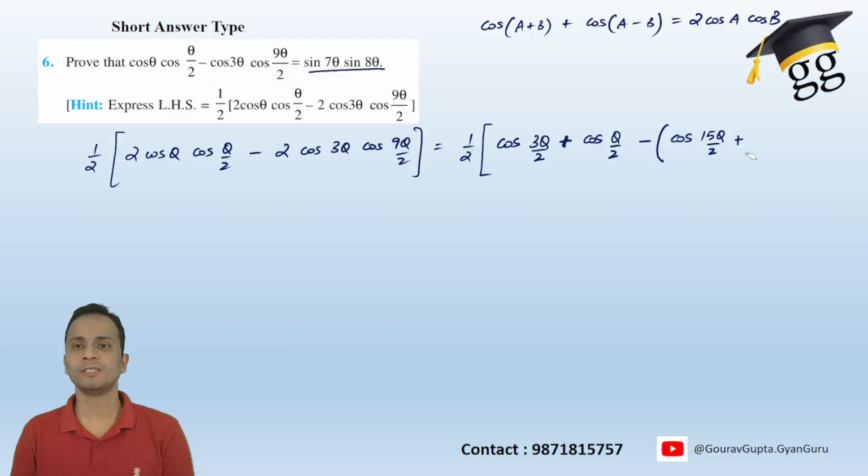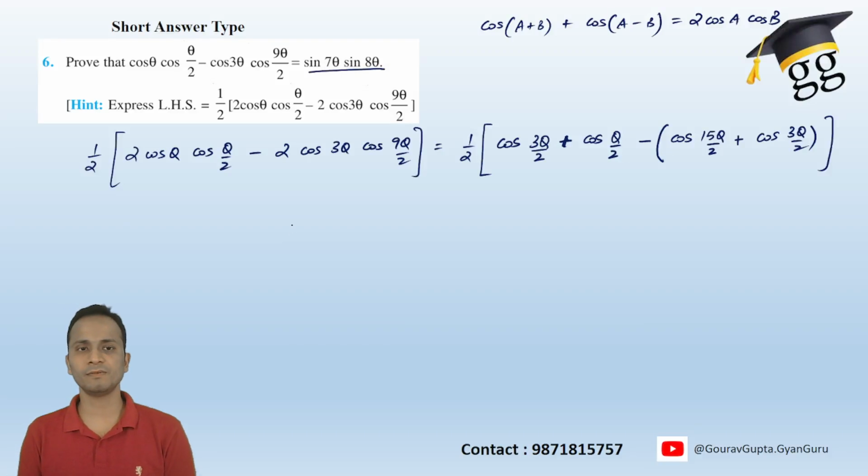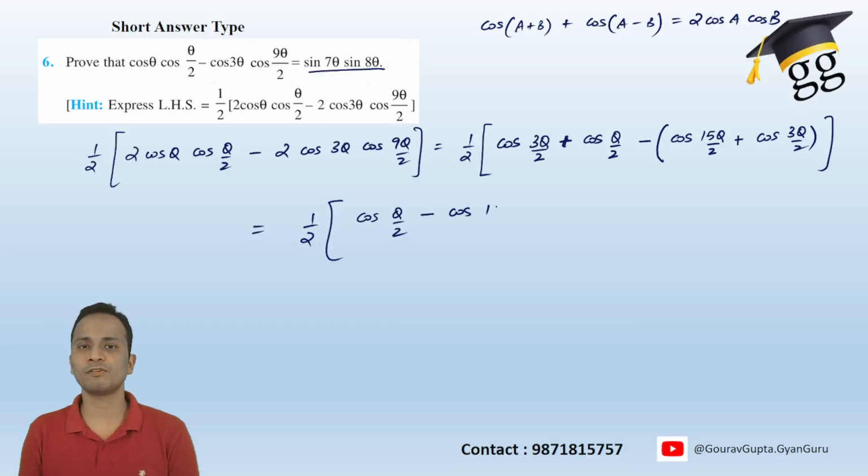Okay, right? So I have applied the formula of 2 cos A cos B. Now you can see inside the bigger brackets, cos 3 theta by 2 will get cancelled. Okay, so I'll be left with 1 upon 2 outside the bracket. Inside the bracket, cos theta by 2 minus cos 15 theta by 2.